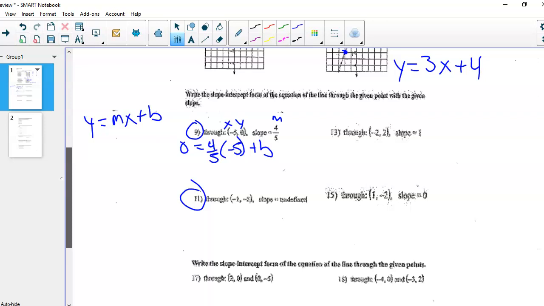We multiply these two together, what would that equal? -4. If we move 4 over by adding, what is b? 4. So now we can write our equation with our slope and our y-intercept. Y equals, what's our equation? 4/5 x plus 4.